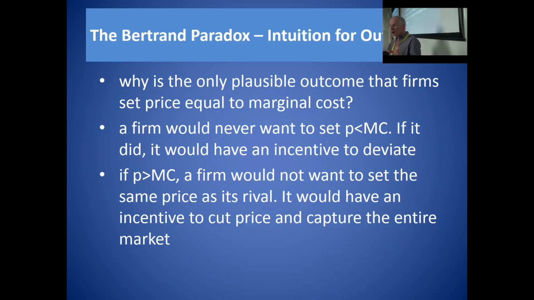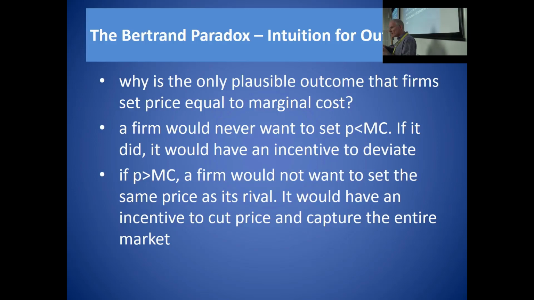So again, we could not possibly have a Nash equilibrium where both firms are charging the same price if that same price is greater than marginal cost, because at least one of the firms would have an incentive to lower its price and undercut its rival, and in doing so, capture the entire market.